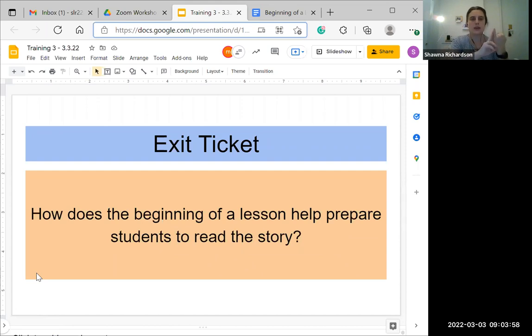You introduce vocabulary, you play a game or sing a song to practice the vocabulary, and then you do a bridge activity for students to start thinking about the main topic of the story. I would like some of you to unmute and share, or you can type in the chat box.